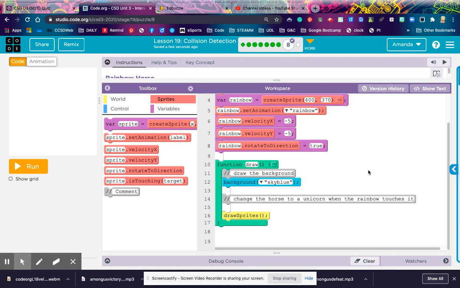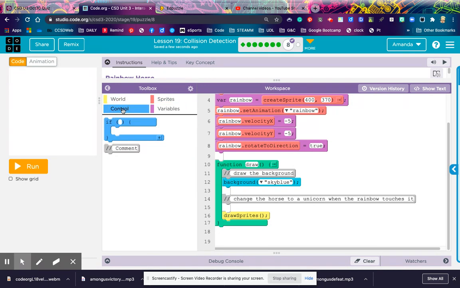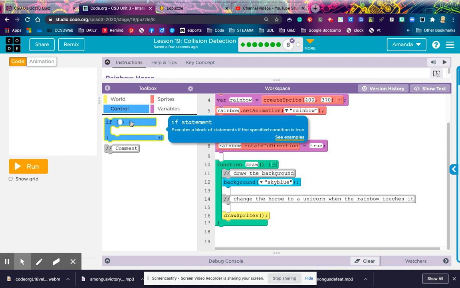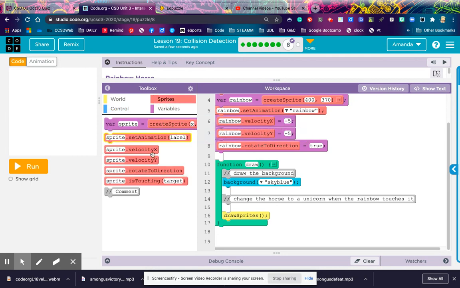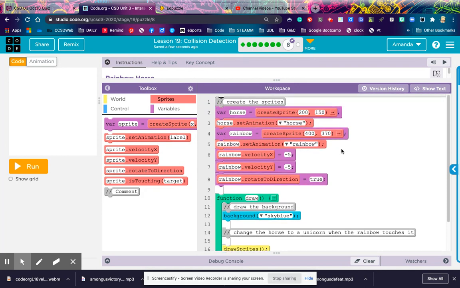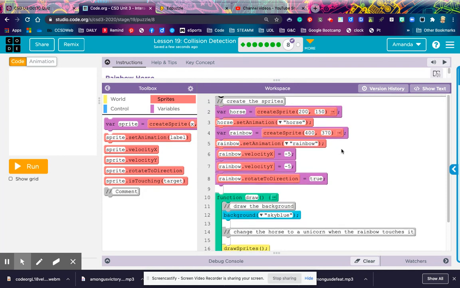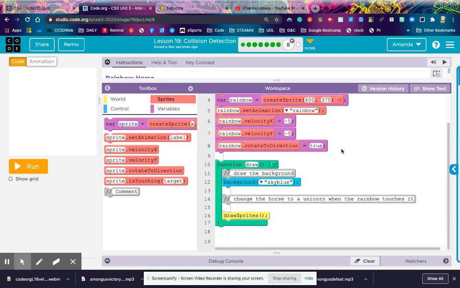And it says change the horse to a unicorn when the rainbow touches it. So here's some hints. You're going to need an if statement. You're going to need a sprite is touching target. And then because you want to change the horse into a unicorn, you're going to need a dot set animation. Okay? Good luck with that.